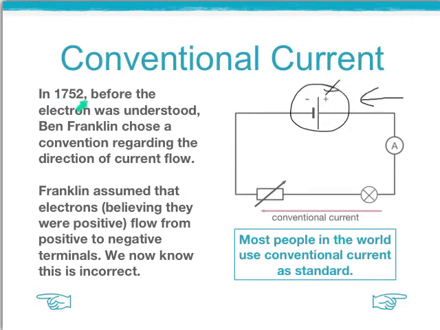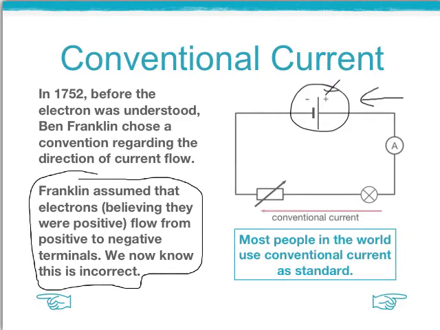In 1752, way before the electron was even imagined, Ben Franklin, a scientist, chose a convention regarding the direction of current flow. Franklin assumed that electrons, remember, he didn't actually know what those were, but he believed that they were positive.